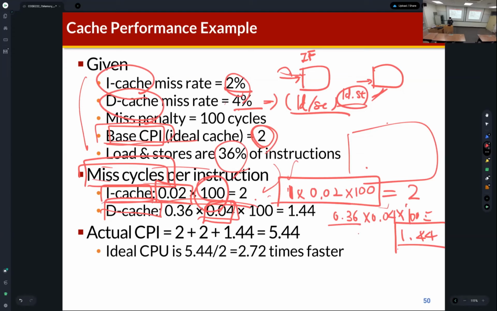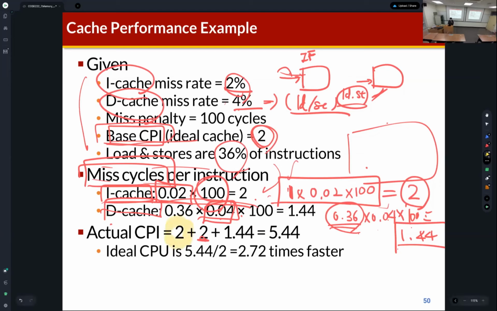By instruction cache misses, two clock cycles are increased. And for the data cache misses, we need to know that the data cache is accessed only by load and store instructions, so this is the percentage of load and store instructions multiplied by the miss rate and the miss penalty.